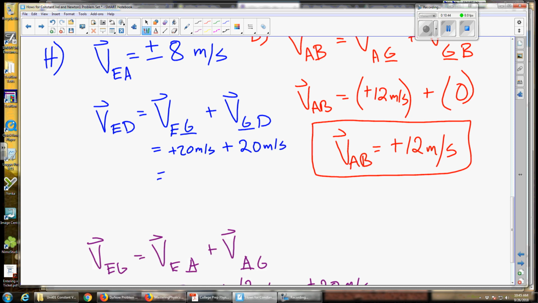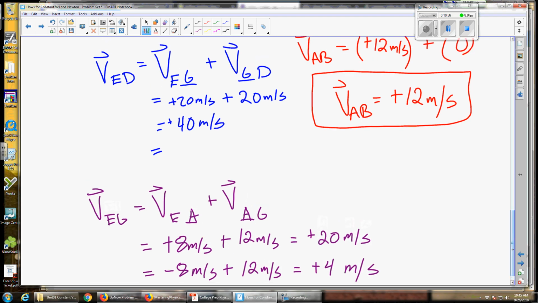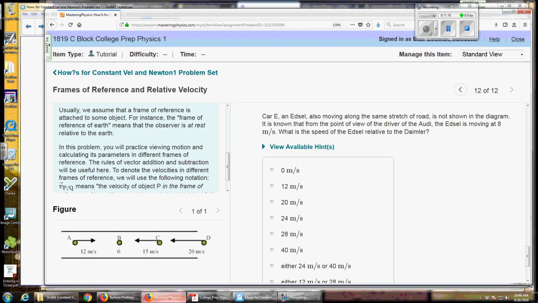So if I use this one, I get positive 40 meters per second. If I use the other one, which is 4, I get positive 24 meters per second. So it could be either one of those, and luckily I have a choice that says 24 or 40.